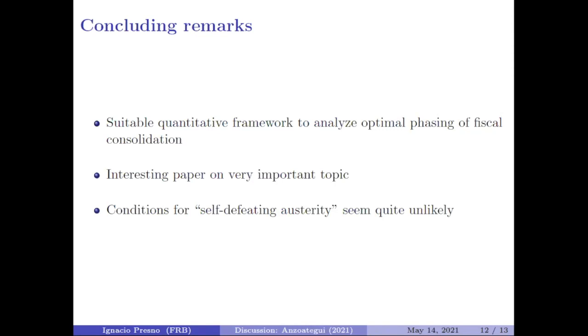I think that the model is rich enough for this kind of analysis. And the main takeaway in this paper is that the conditions for self-defeating austerity look quite unlikely.